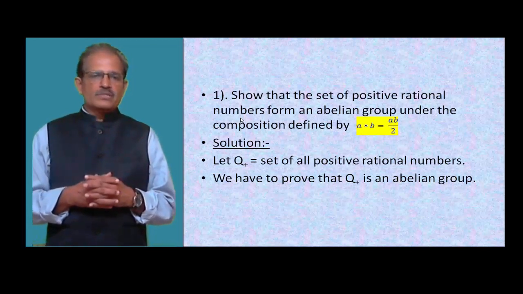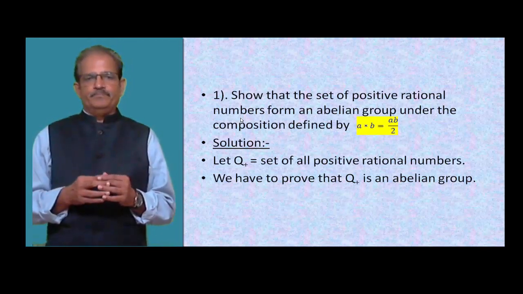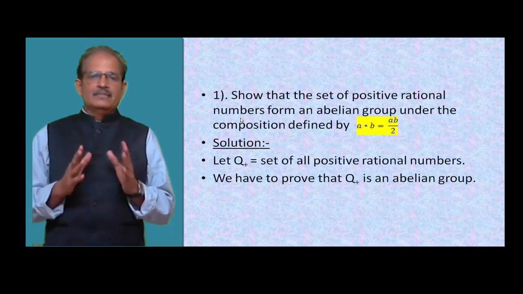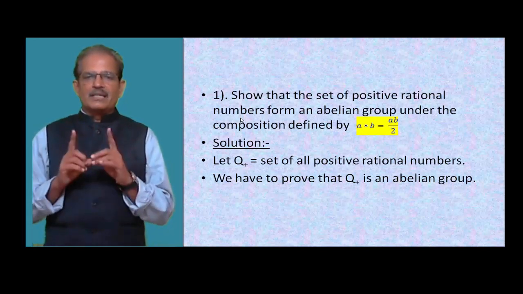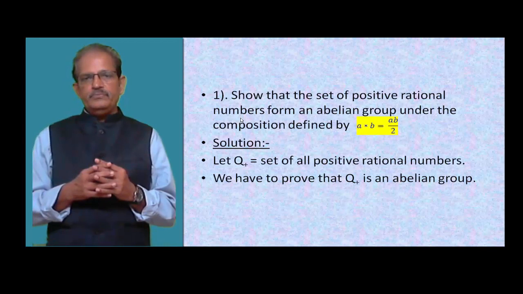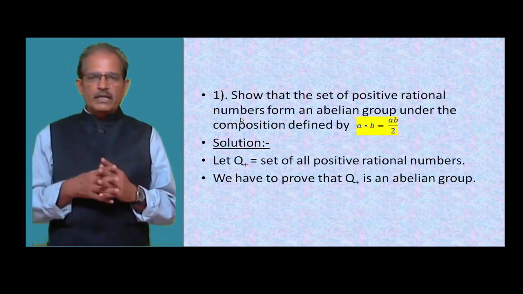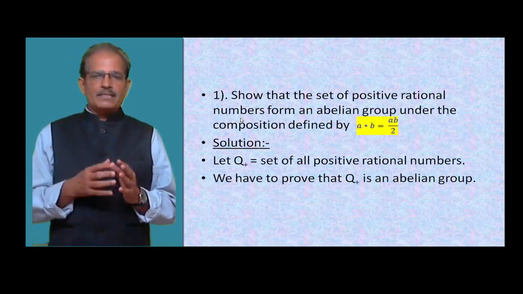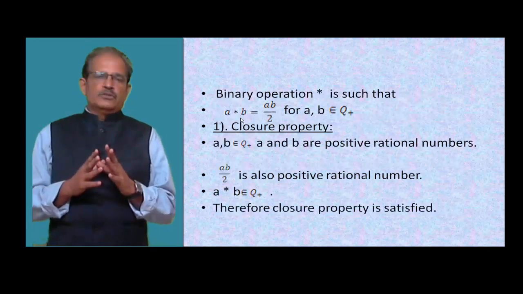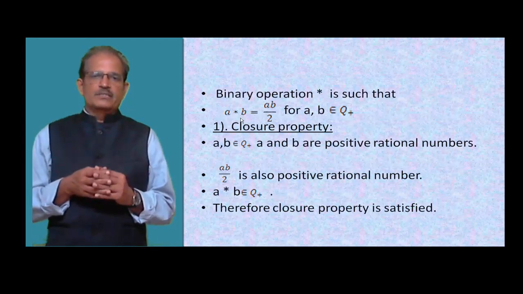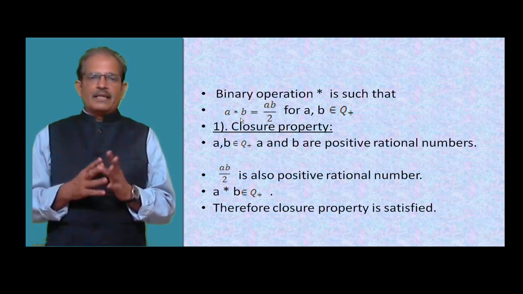Let Q suffix plus be the set of all positive rational numbers. We have to prove that Q plus is an abelian group. So the given binary operation is star. It is like this.